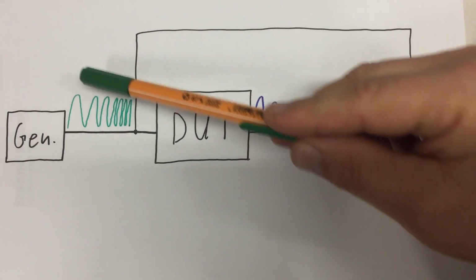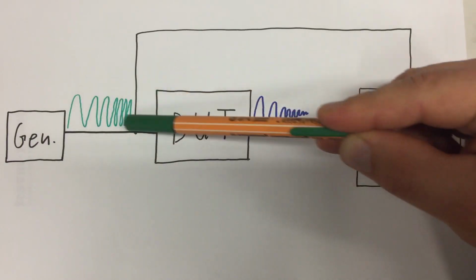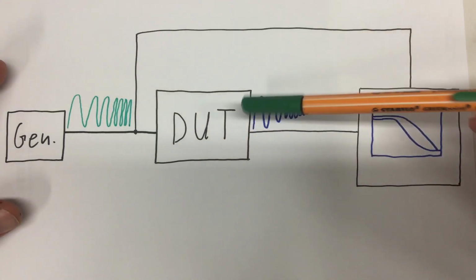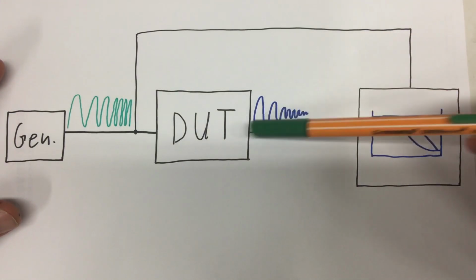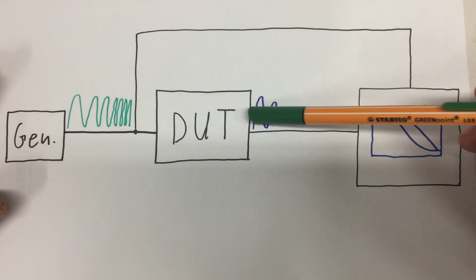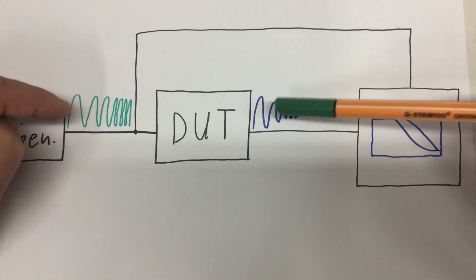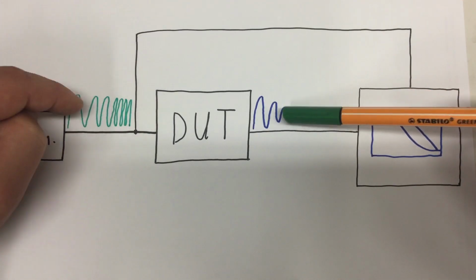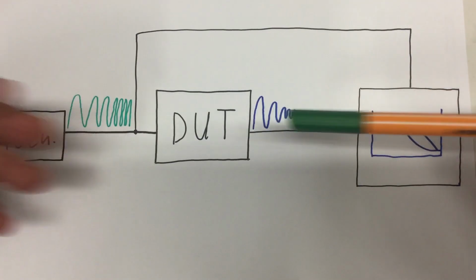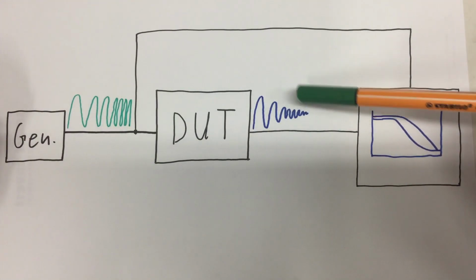So the goal here is to get out of our generator a frequency sweep signal, so a sine wave with increasing frequency. We will get a sine wave out here with, in our case of an RC low pass, decreasing amplitude and increasing phase shift in relation to the input. But I can't, or have no idea how to, measure the phase automatically.